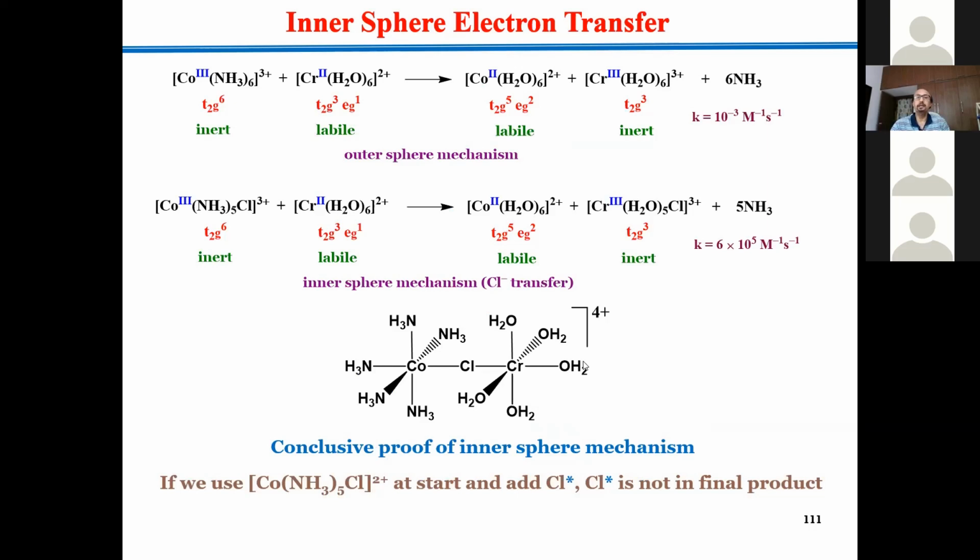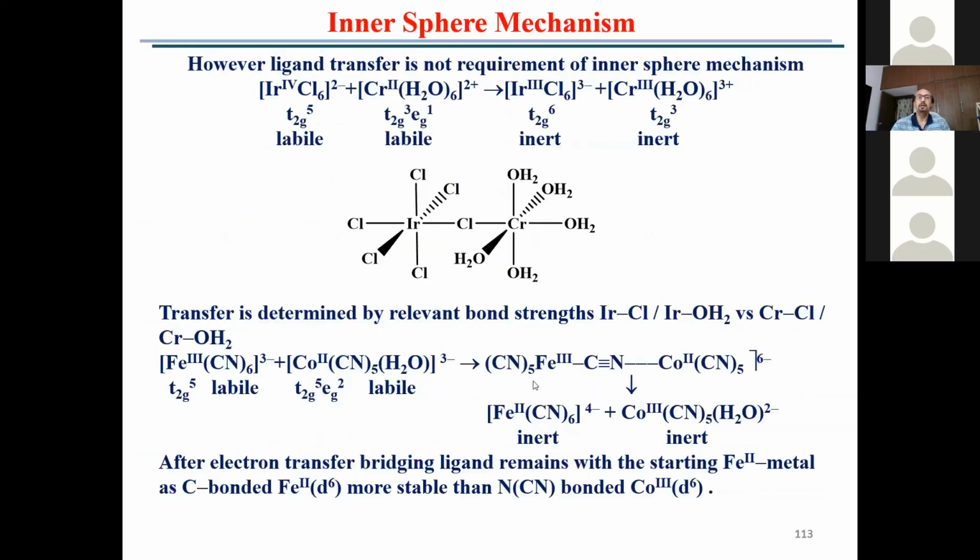But if you take this example, iridium Cl6 2-, that means iridium 4, and you are using chromium 2 hexaaqua compound. Now iridium 4 means t2g5, so it is labile, and chromium 2 is again labile.